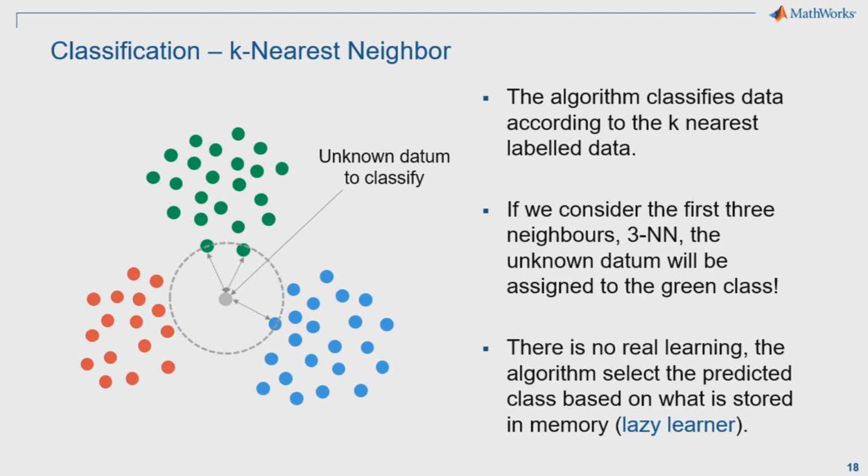In particular, if we have a 3-nearest neighbor classifier, this will look at the 3 closest labeled samples to the unknown datum, and it will classify this datum by a kind of majority voting. So if the highest amount of data closest to the unknown datum belongs to the green class, this point will be assigned to the green class.